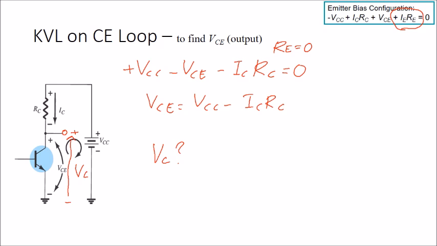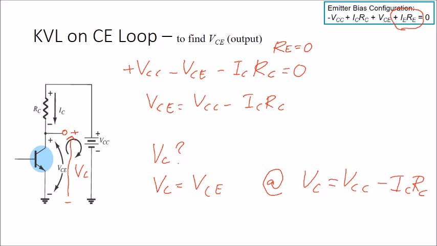You will find that VC is equal to VCE. Or another way to find VC is to do the KVL and you will find that VC equals VCC minus IC RC. Please try by your own to prove this equation, VC equals VCC minus IC RC.